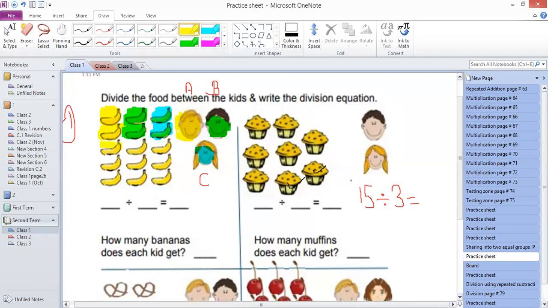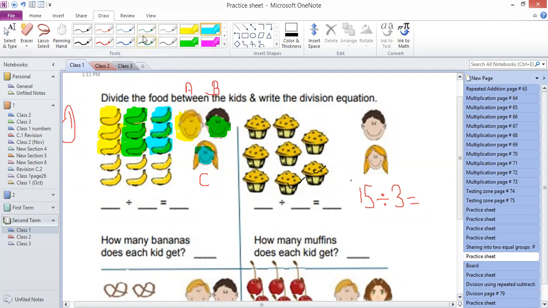So give them one more. This is for A, this is for B, and this is for C.